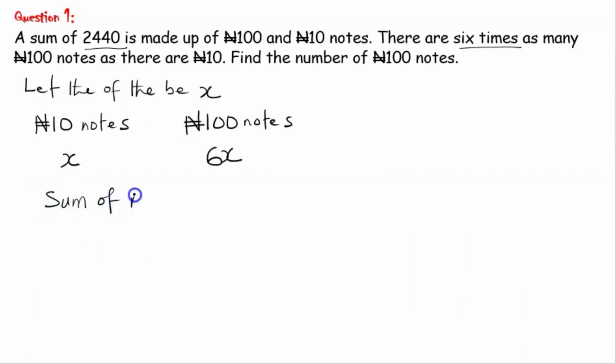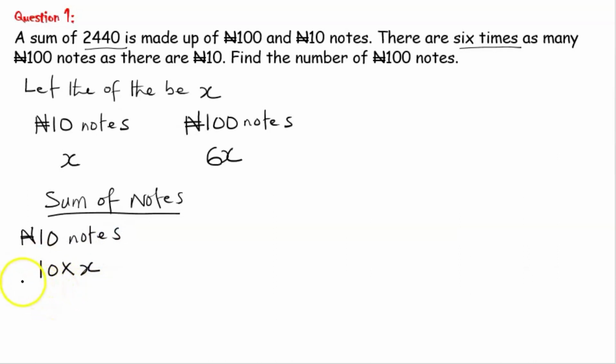So what's going to be the sum of the notes? In other words, the sum of both the 10 naira notes and the 100 naira notes. The total value of the 10 naira notes is going to be 10 times X, X being the number of notes.